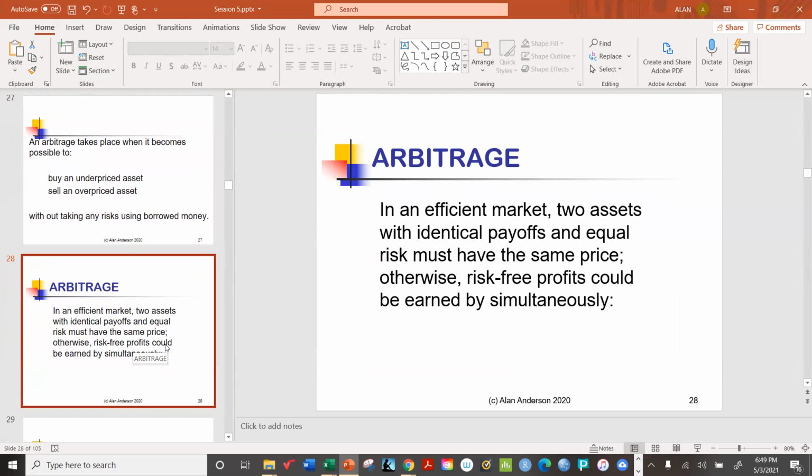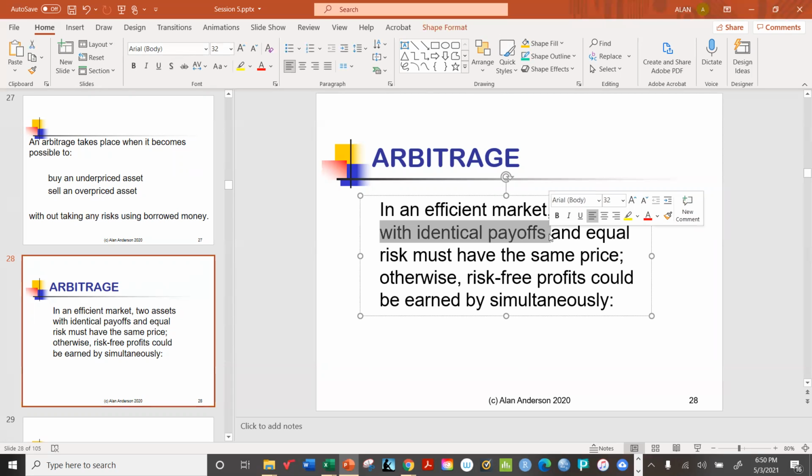Now, here's the main logic behind arbitrage. If we have two assets of any kind that have identical payoffs and equal levels of risk, they must sell for the same price in the marketplace.